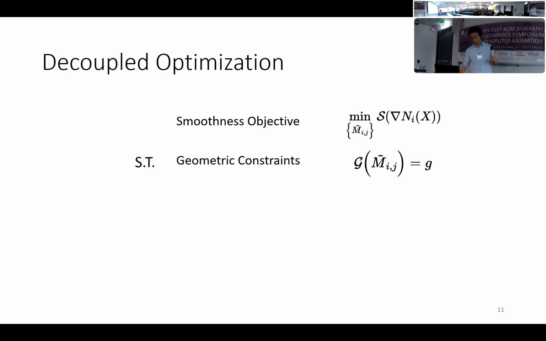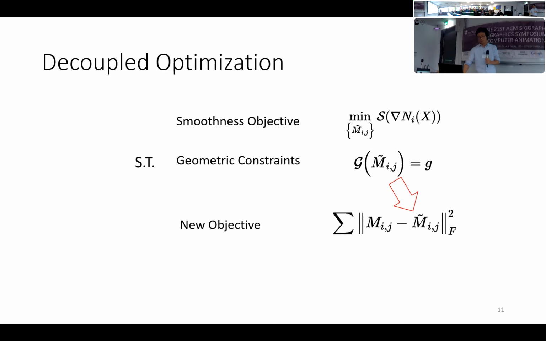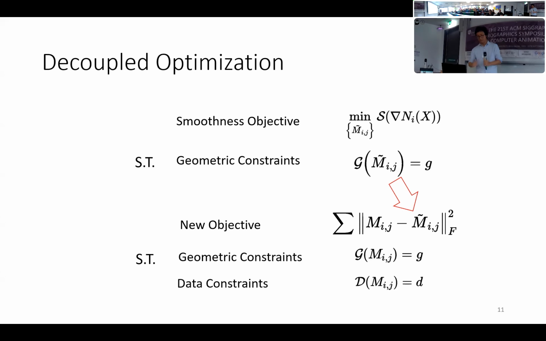But this is just for generating reference weights, the M2. And after getting the reference weights, we put them in a new objective. And we have another constrained optimization with the geometric constraints and the data constraints.